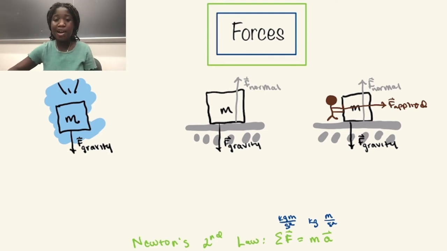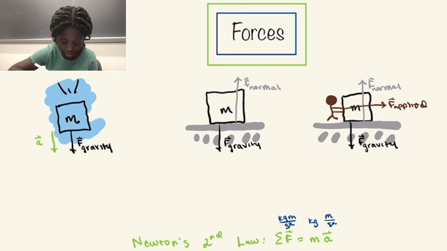Now, let's go back to our drawings to account for acceleration. In our first scenario, our block is falling down, so its acceleration is pointed down. Now, let's write out our equation.